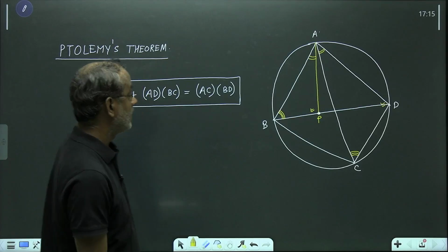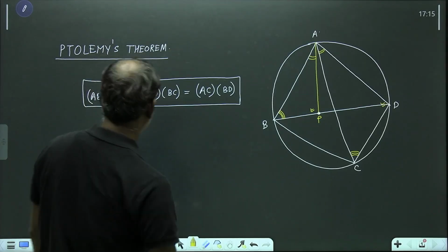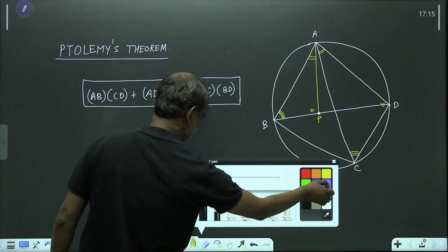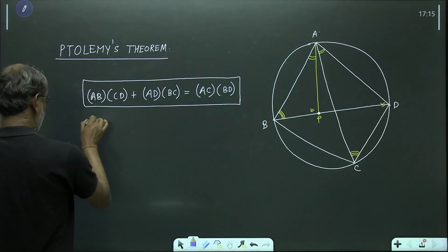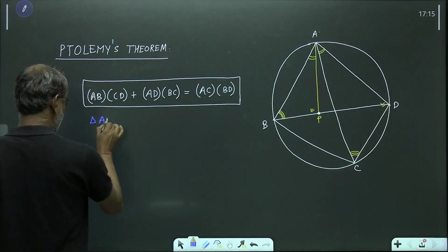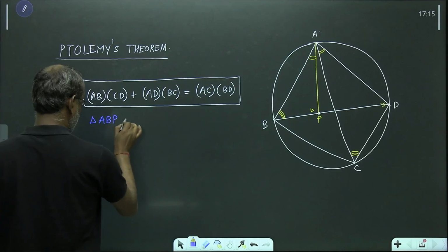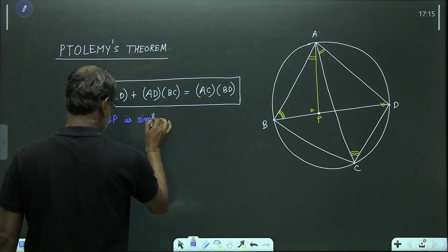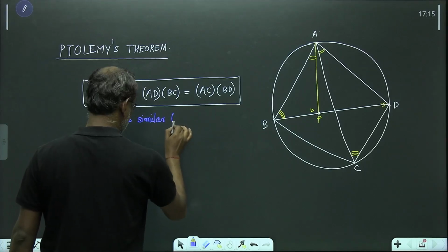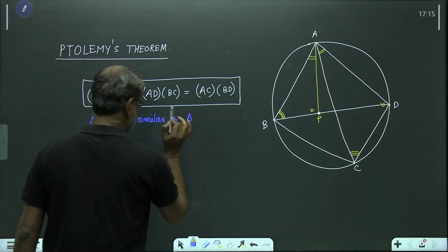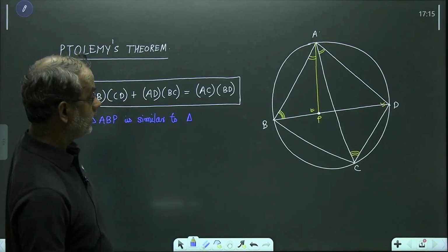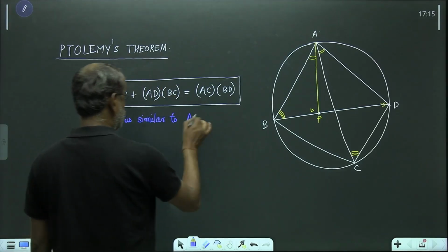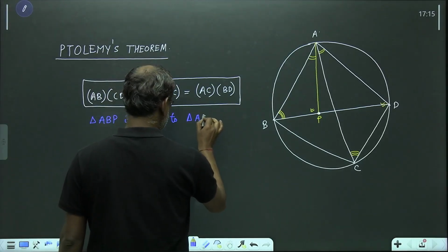So triangle ABP is similar to triangle ACD, isn't it?